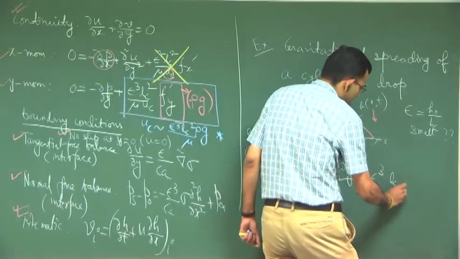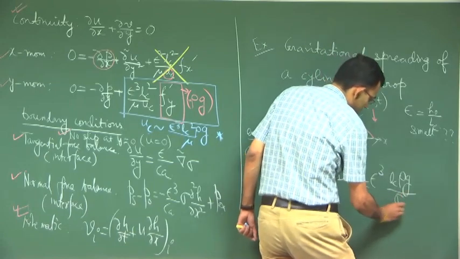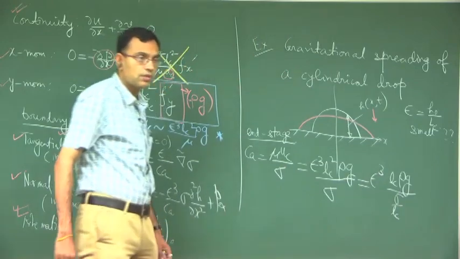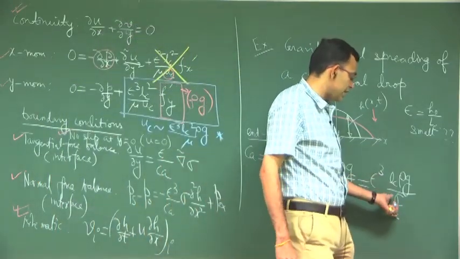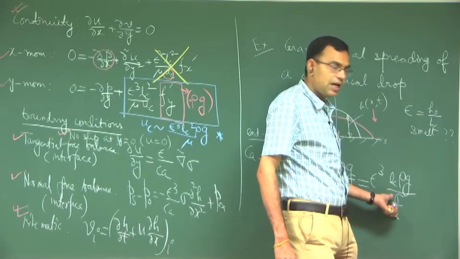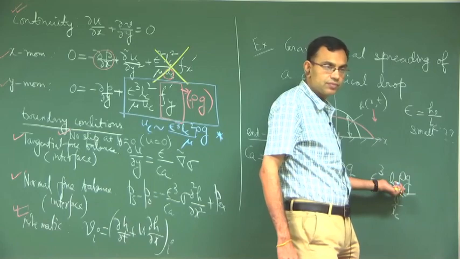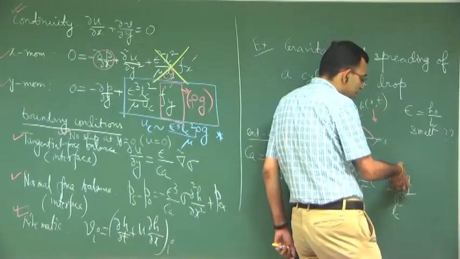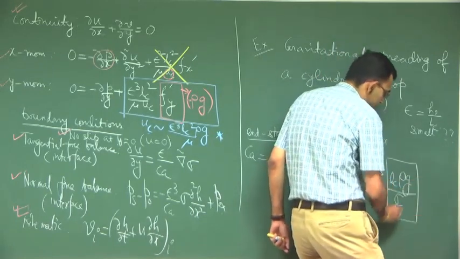So, LC rho g, okay. So, this is nothing but the capillary pressure and this is the pressure due to the hydrostatic effect or the gravity, right. So, this is essentially the gravity force by surface tension force and this is called as bond number.